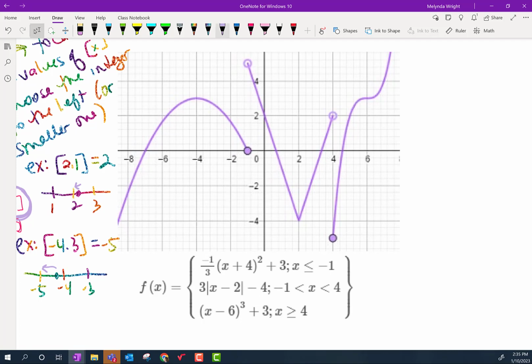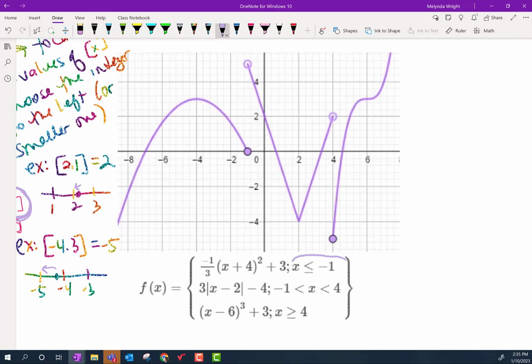These x values are the assigned domain of each piece. Those are the domains for each of the pieces.